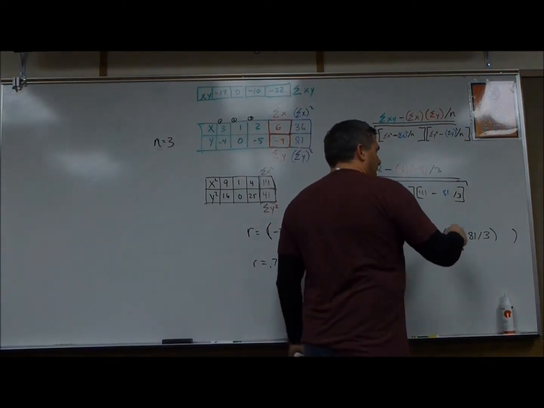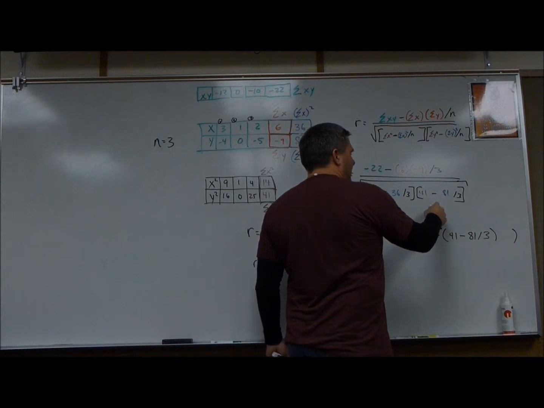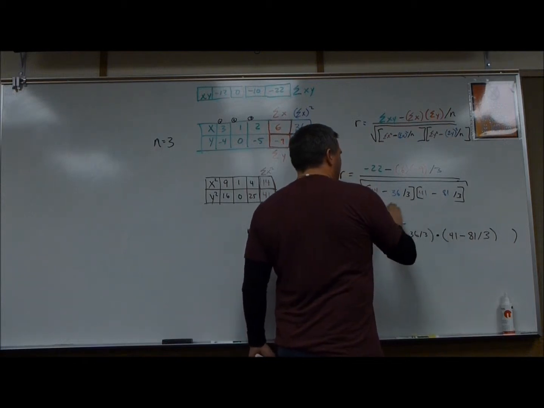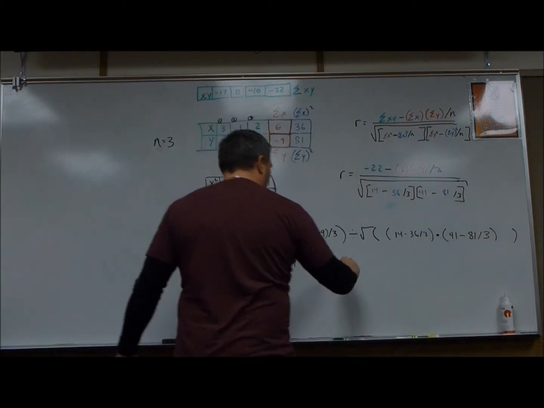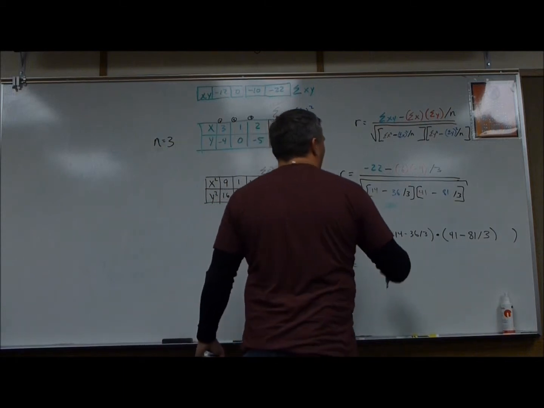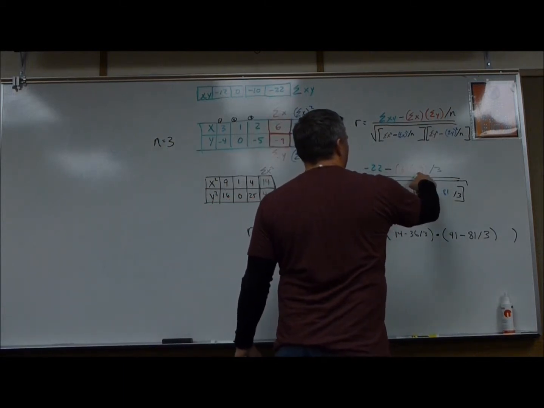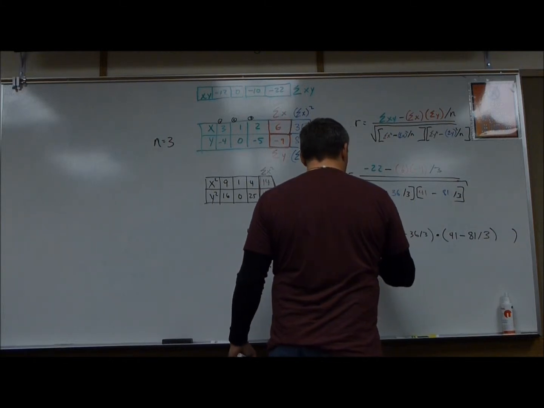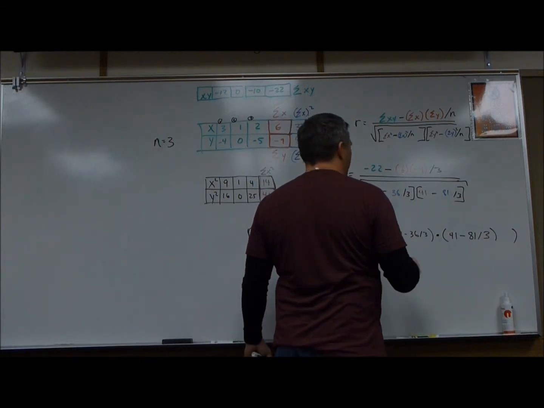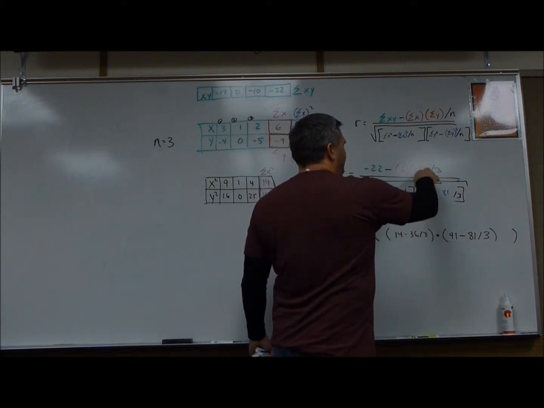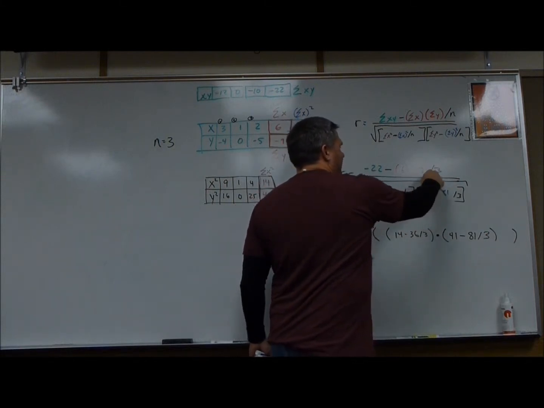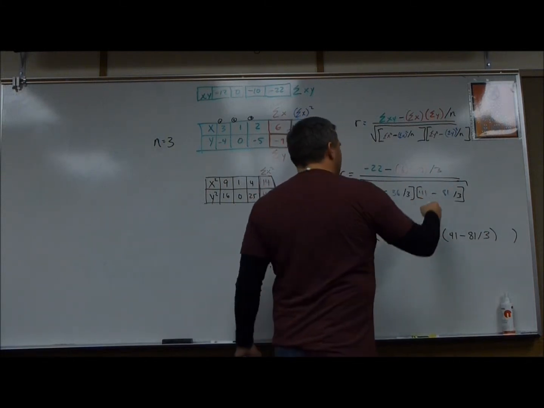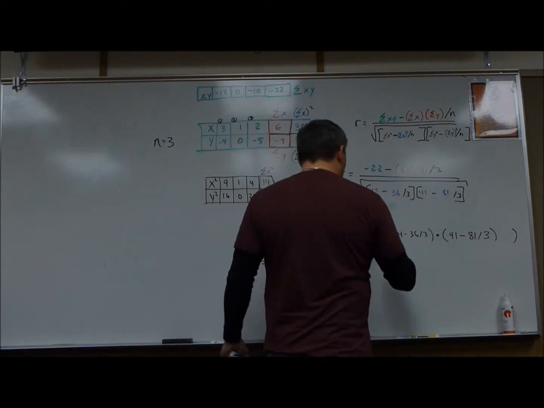And then what I'm getting is R is equal to, well, the top is going to be negative, and a negative is a positive, so negative 22 plus 9 goes in, 3 goes into 9 3 times, 6 is 18.